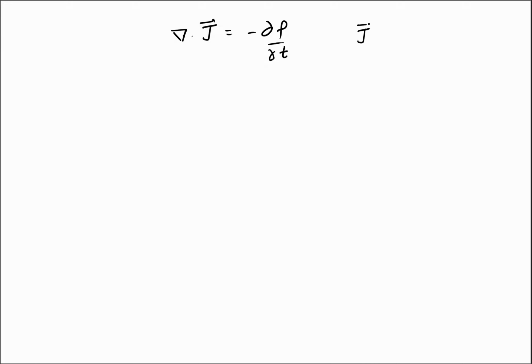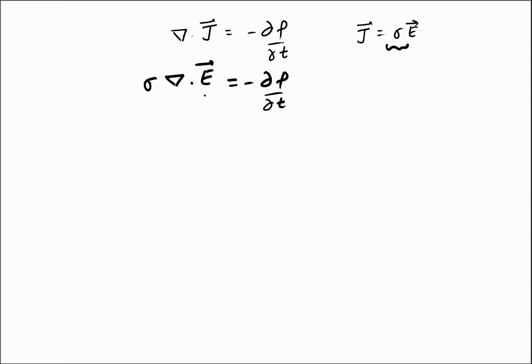Now j is simply sigma E. I am assuming that the medium is homogeneous, that is, this sigma is not going to change over this medium, so I can bring it outside the del operator. So I will write it as sigma del dot E is equal to minus dou rho by dou t.